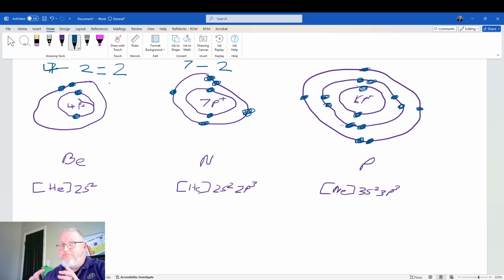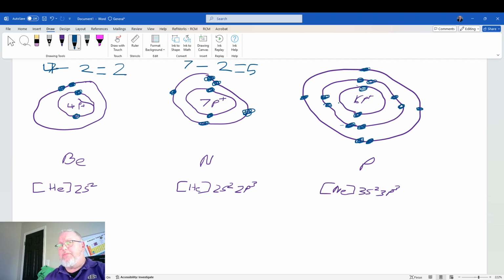So it's not going to be that much compared to nitrogen. Nitrogen's got 5 positive protons pulling in on those 5 valence electrons. So they're going to be more attracted to that nucleus. Let's look at phosphorus.